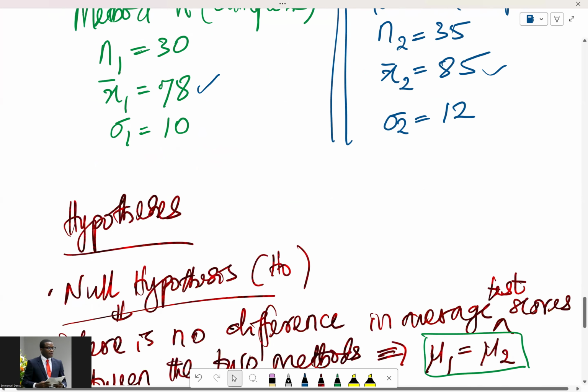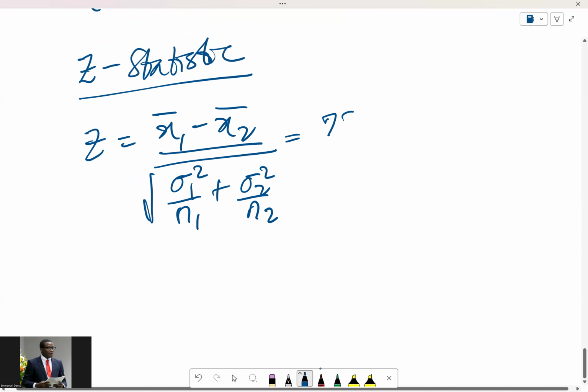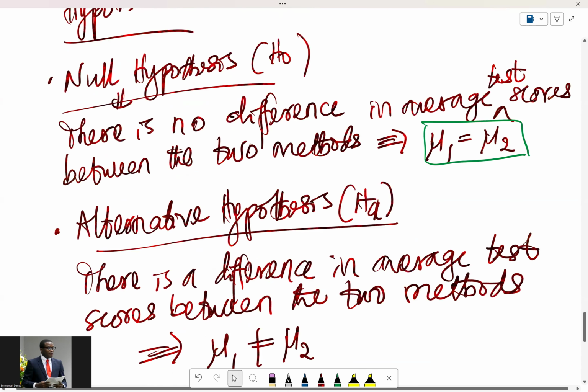So if you put the values in the formula, you already have x1 bar and x2 bar, that's 78 and 85. So that means we have 78 minus 85 divided by square root of sigma 1 squared. Sigma 1 is 10 and sigma 2 is 12.